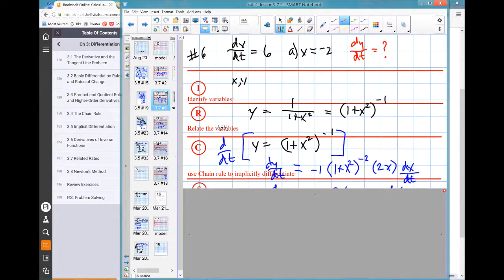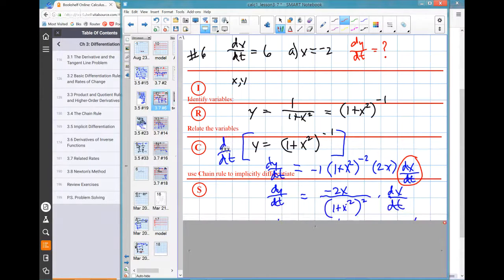Well, that's 0 plus 2x. And then we need to do the chain rule one more time because x is not t. So watch out for this part. People might have a tendency to forget. We do need to do that.